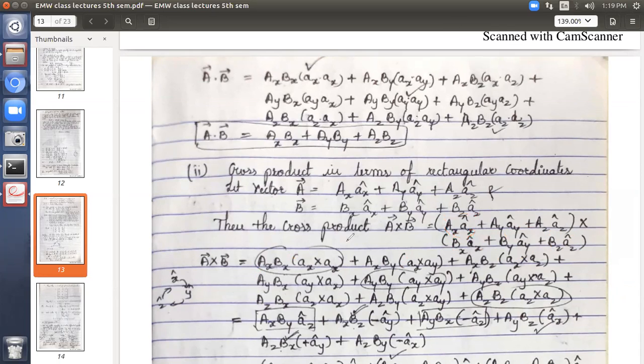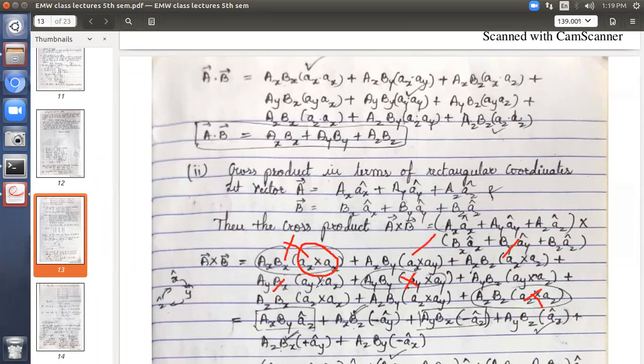Again, out of 9 terms, only 6 terms will remain, 3 terms will vanish. How? This is i cross i. For i cross i, the angle theta is 0, and sine 0 is 0. So these 3 terms, AX cross AX, AY cross AY, AZ cross AZ, will vanish.